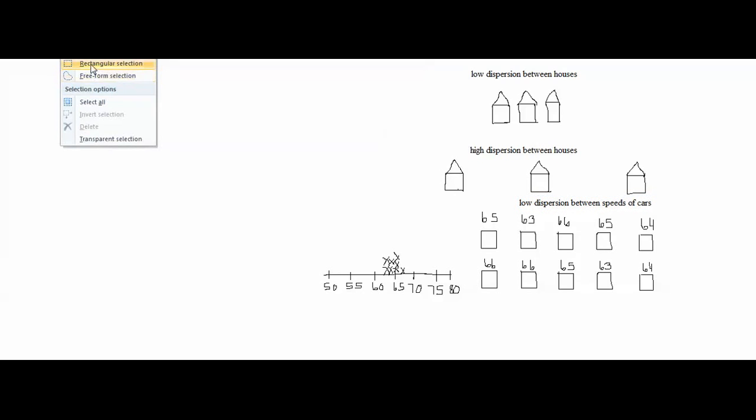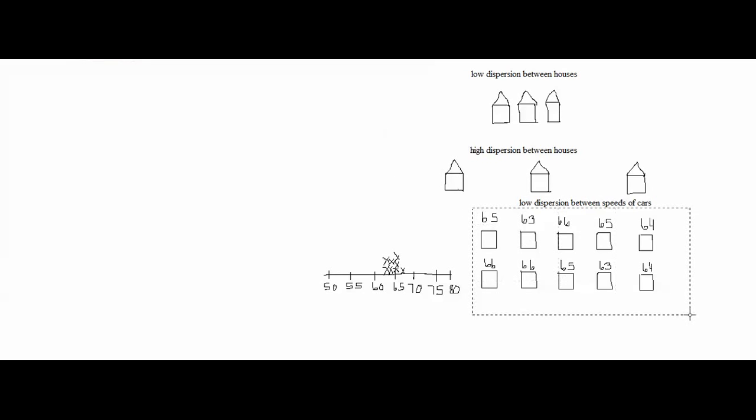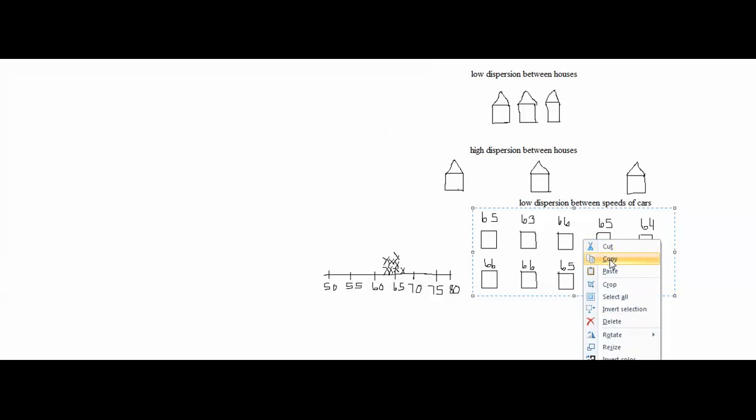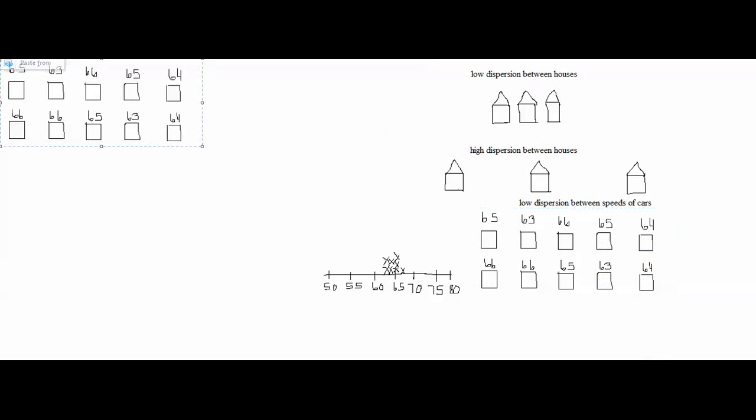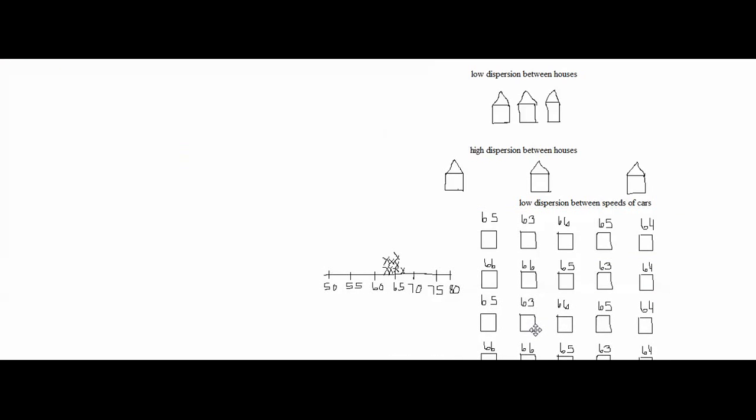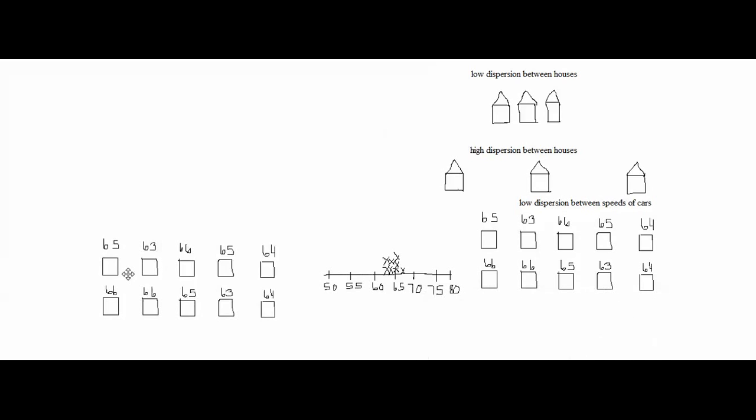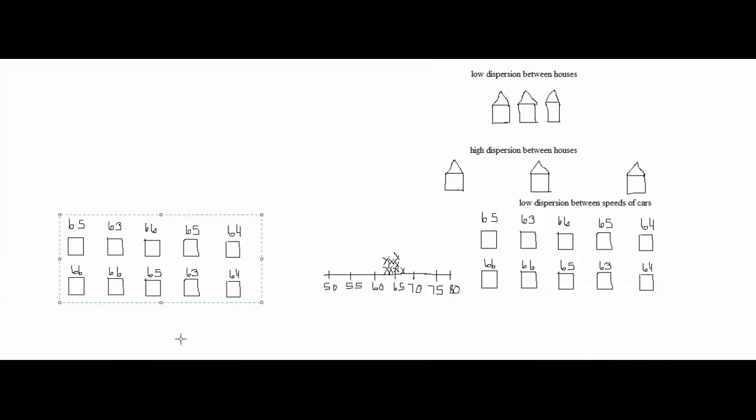Now let's look at another example. Maybe I'll put it over here. What if instead of these speeds, we had one car going 80 and another car going maybe 55?